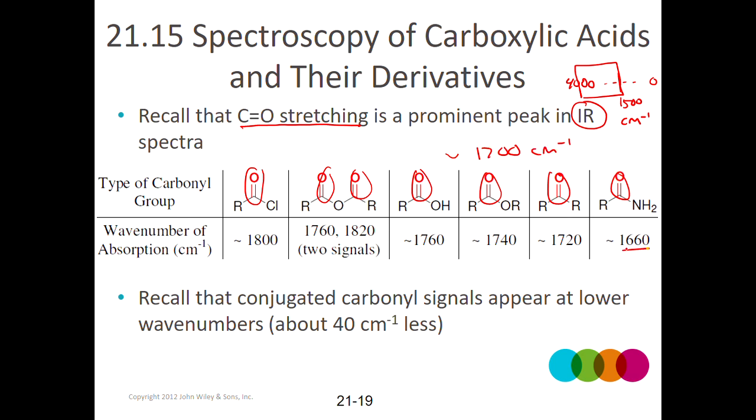And you can see the specific area where that usually comes is between 1,650 and 1,750. The acid chloride is a little bit above that, but in general, I don't expect you to know the exact frequencies where these occur.